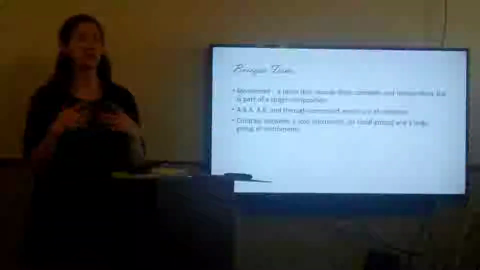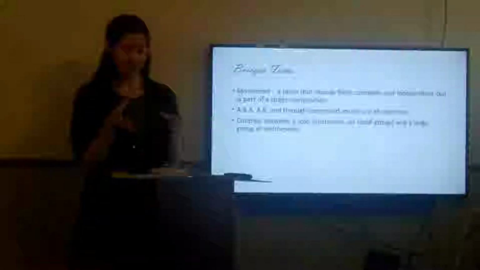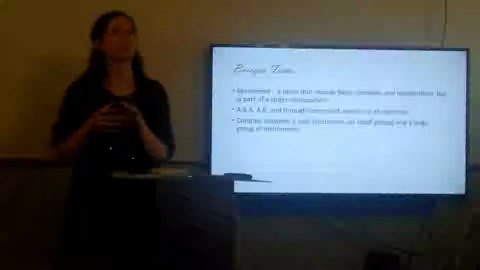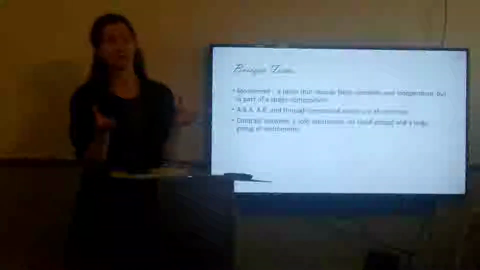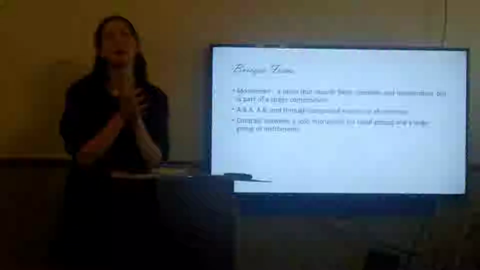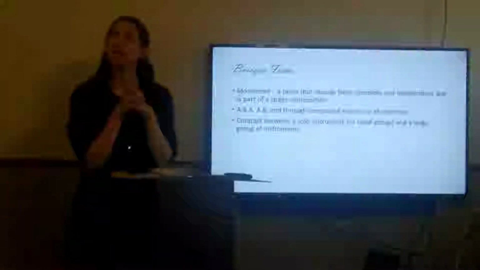We have pieces with different movements in them, and a movement is a part of a piece that sounds complete, but it's part of a larger composition. So you might have 3 small movements that make up an entire piece, and they're often played by themselves. It would be like, I'm trying to think of something that it would be like.